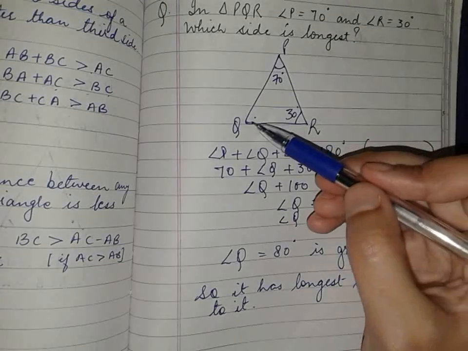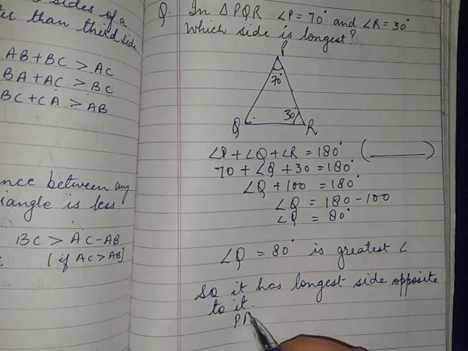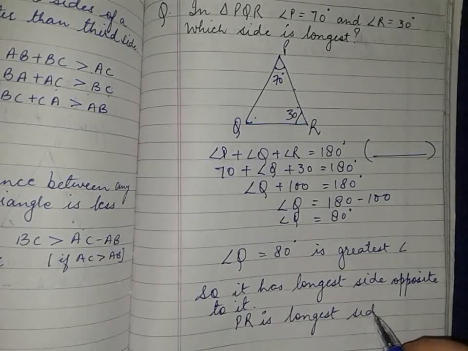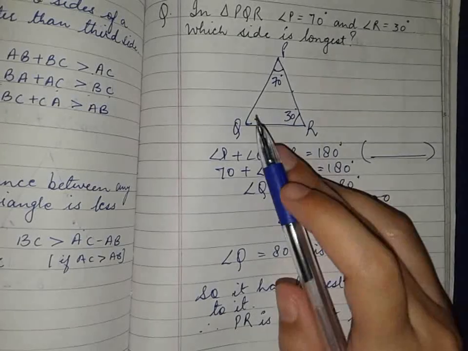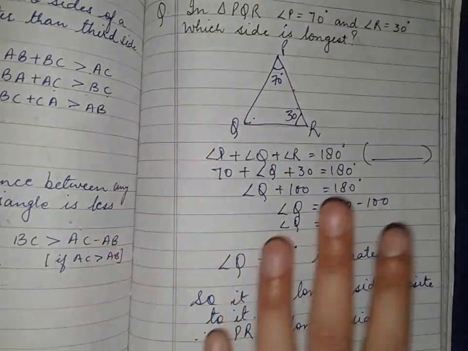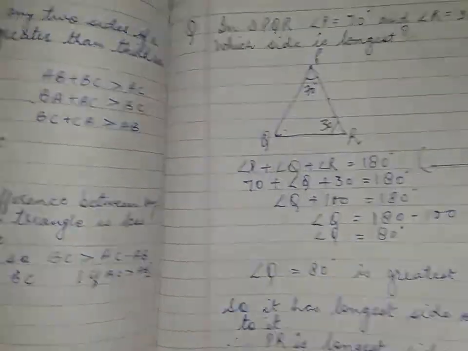So which side is opposite to Q? PR. So PR is the longest side. Just find all the angles, and the greatest angle has the longest side opposite to it.